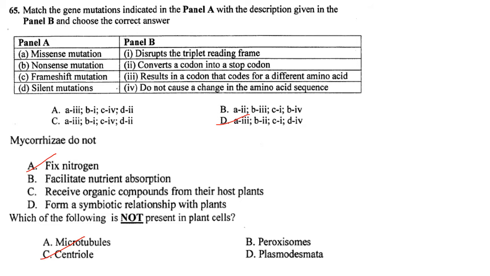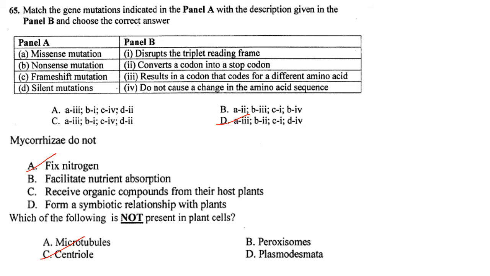Then frame shift mutation, it disrupts the triplet reading frame. Insertion or deletion of nucleotides will disrupt the triplet reading frame. So that is frame shift mutation. Then silent mutation does not cause a change in the amino acid sequence, unlike the missense mutation.